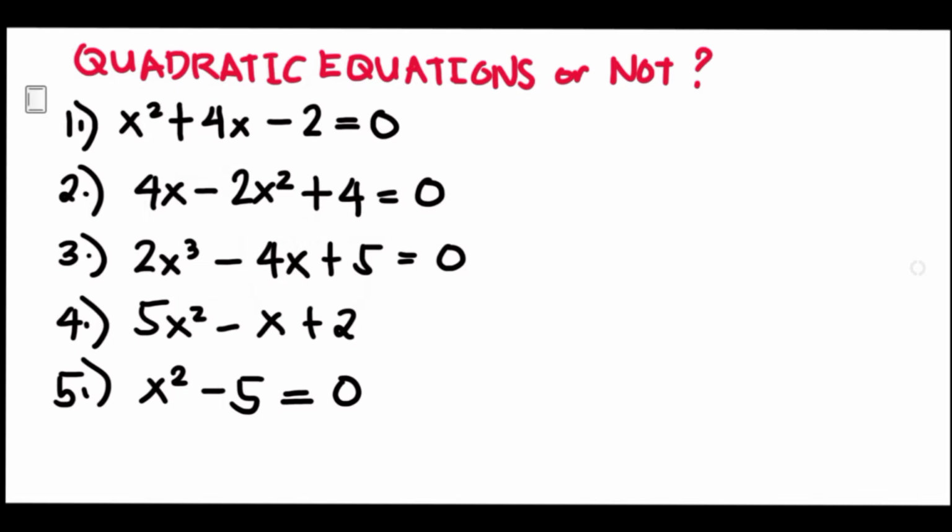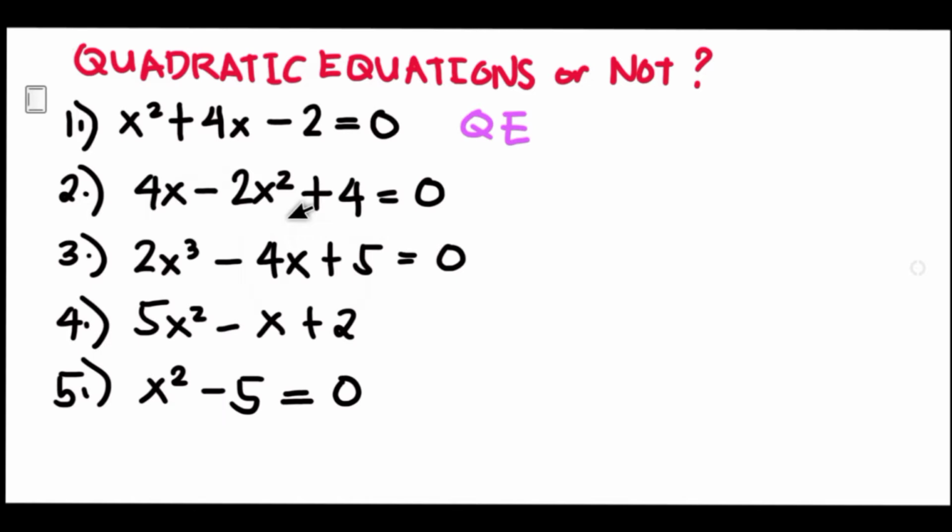Dapat ang pinakamataas na exponent ng bawat variable dito sa equation na to ay 2. So, si x, meron siyang degree na 2. Ito namang x na to, 1. So, ang pinakamataas na exponent dito ay 2. So, therefore, this is a quadratic equation.